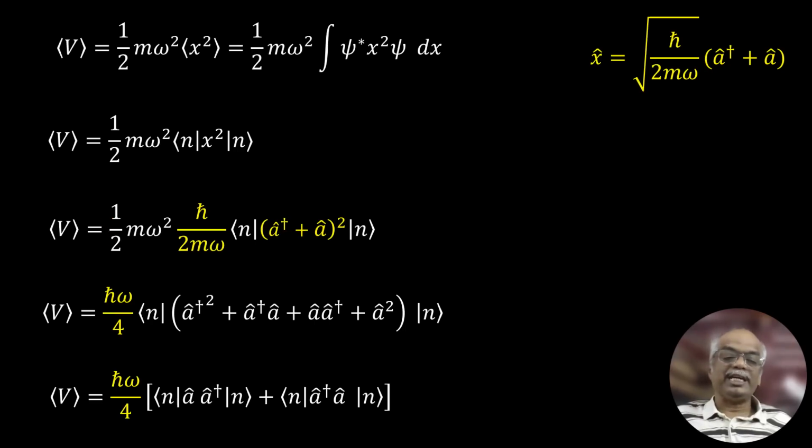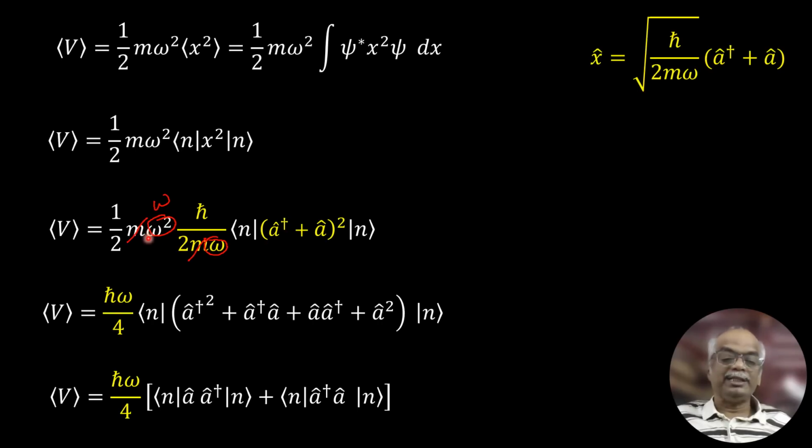Now we can cancel some of the things. m will get cancelled and this omega will get cancelled with this omega squared, which will become just omega, and the remaining thing you square it.